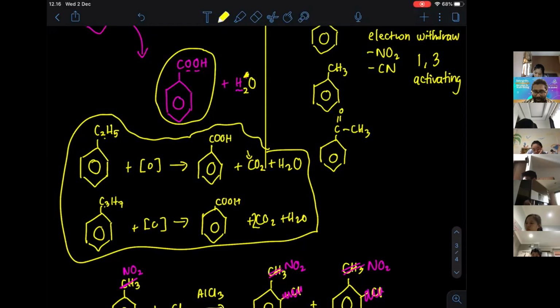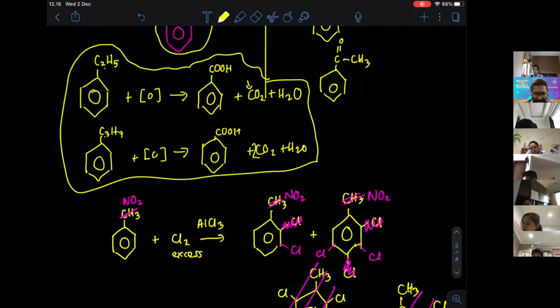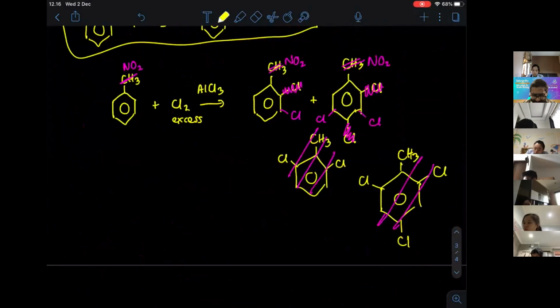So overall, if you look at it, we have learned a total of 6 reactions involving arenes. Number 1 is how a benzene is converted into chlorobenzene, for example.